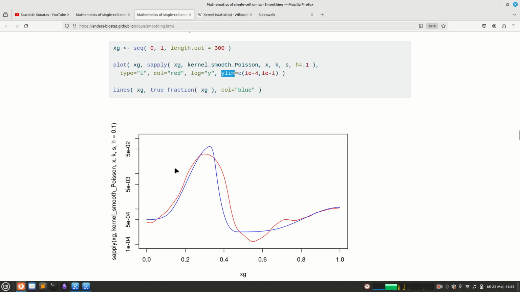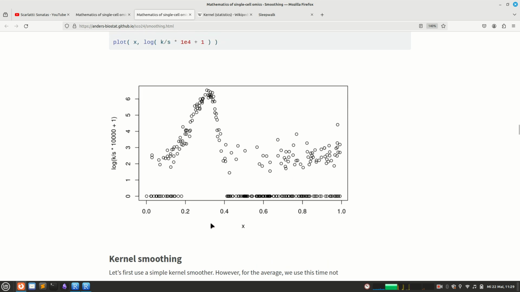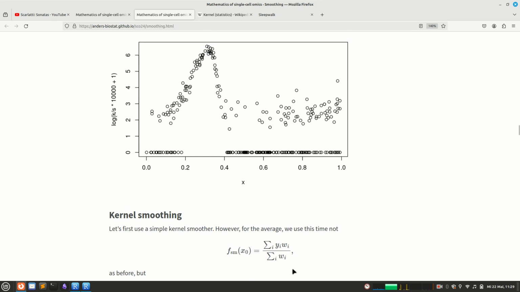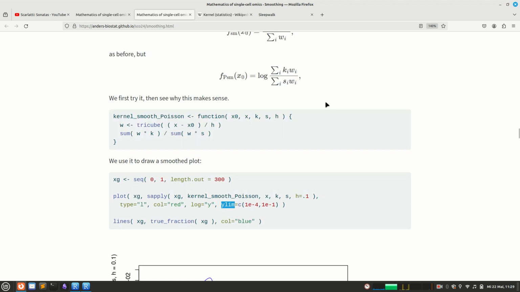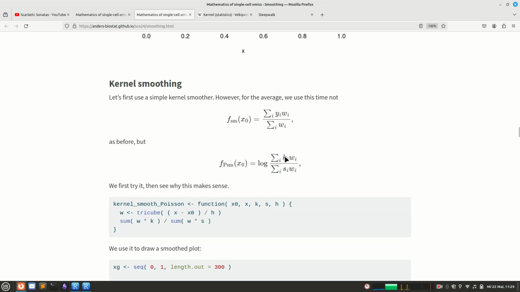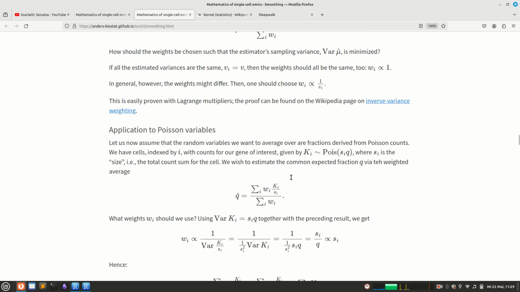And it works reasonably well. It manages to deal well with all these zeros down here, which is non-obvious, because if I had simply put k over s here, I would have a lot of zeros. Why did I put it that way? We had to have a k on top and the s at the bottom.